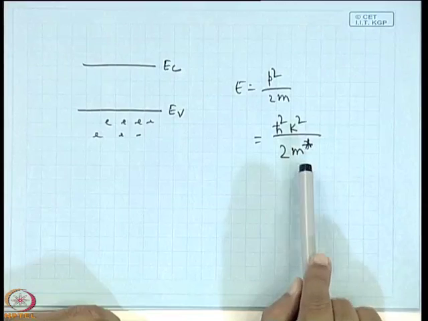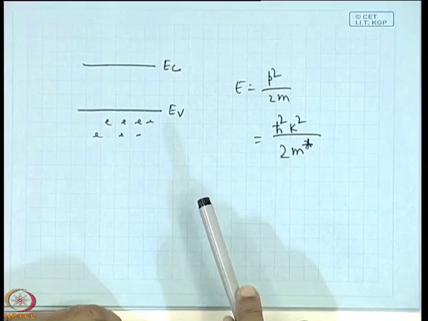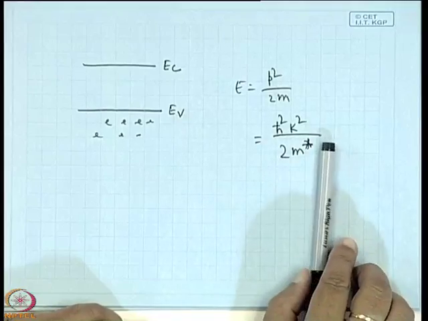So, the bulk density of states is parabolic in nature, but if the confinement is there and the motion is reduced, then this density of states will be different from the bulk density of states. It may be a staircase function and other functions are there.